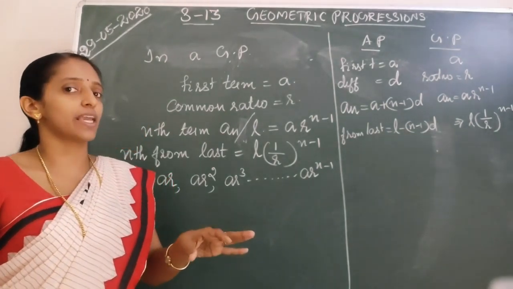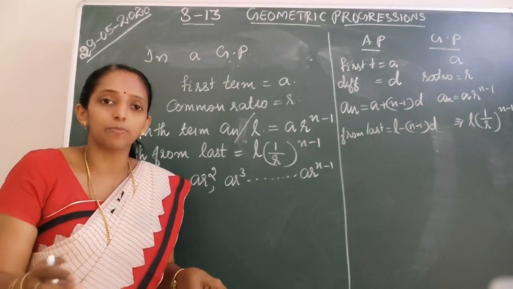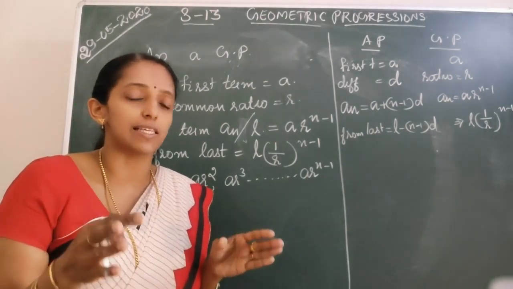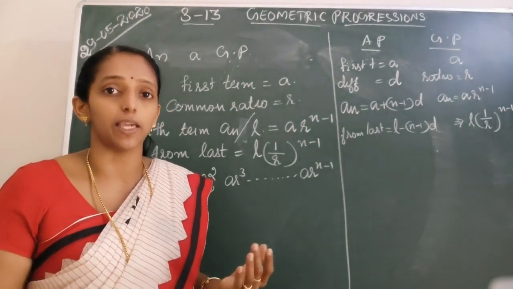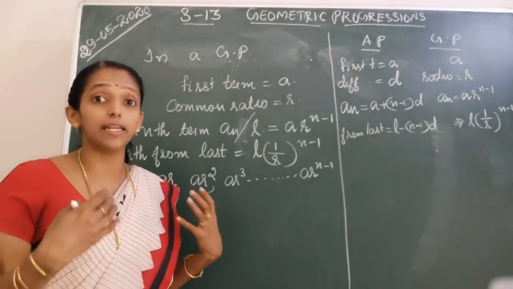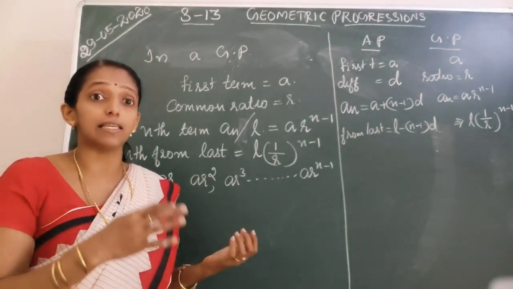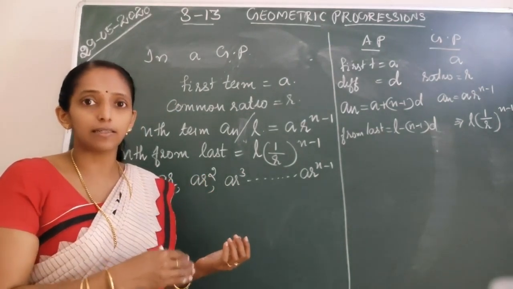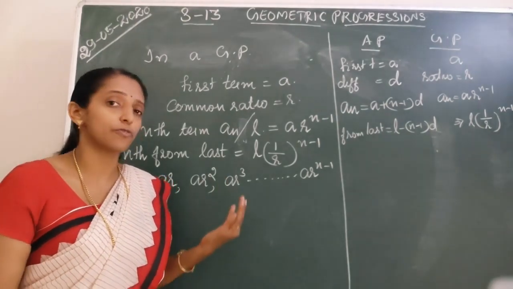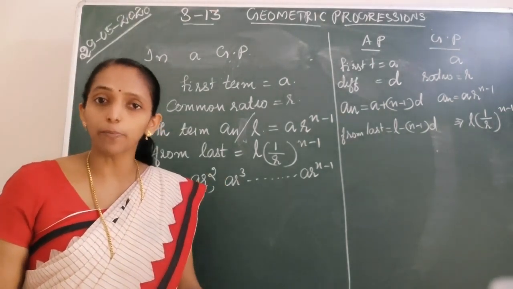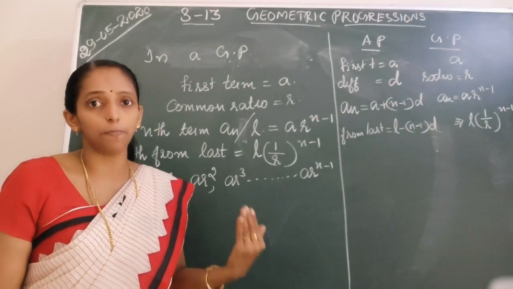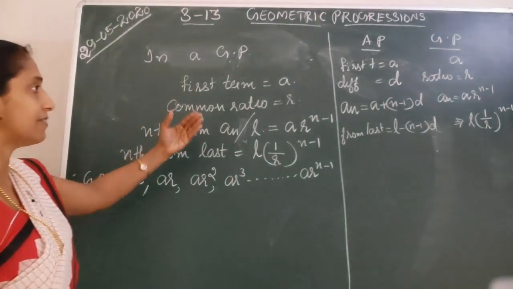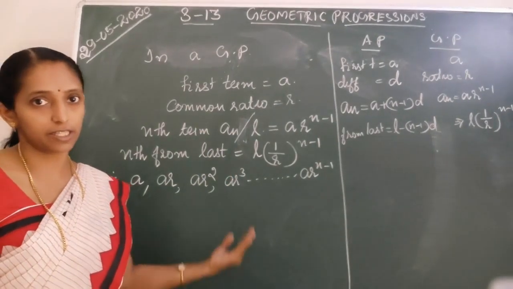So please be very careful. Sometimes it will not mention whether the series is in AP or GP, but we have the idea how to find out whether the terms are in AP or GP. So first of all we will check which type of series it is, whether AP or GP. Then only we will go for the further steps.